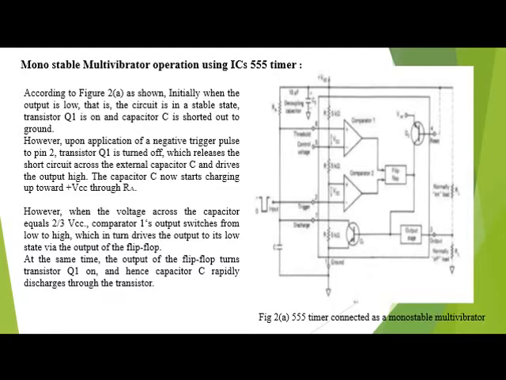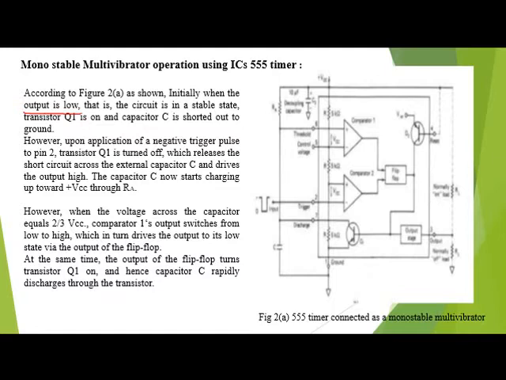Initially, when the output is low, the circuit is in its stable state, and the transistor Q1 is on. The capacitor C is short circuited to the ground.